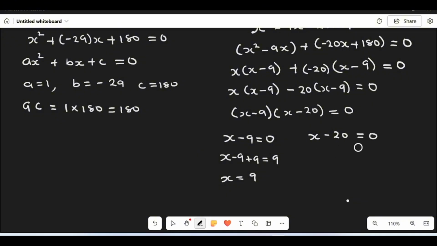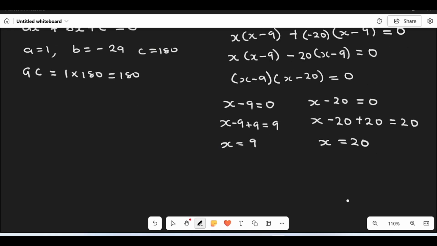Add 20 to both sides. x minus 20 plus 20 equal to 20. Minus 20 plus 20 is 0. x equal to 20. The two numbers are 9 and 20.